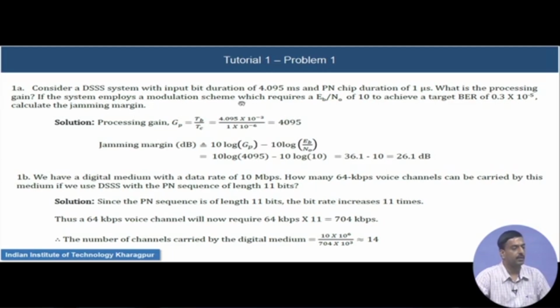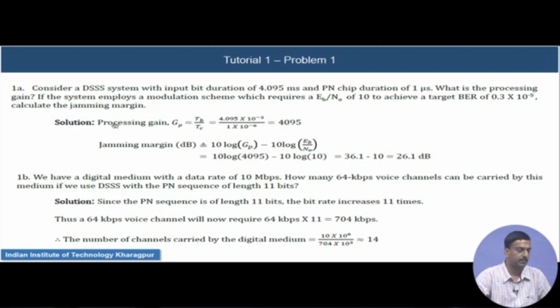And further, if this system employs a modulation scheme which requires an Eb by N0 ratio, that is energy per bit to the noise spectral density ratio, of 10 to achieve a target BER of 0.3 times 10 to the power minus 5, then we need to calculate the jamming margin.